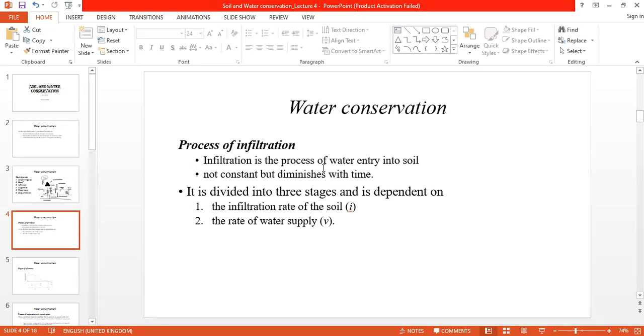So the three stages of infiltration will be dependent on two things. First of all, it will be a function of the infiltration rate of the soil. So it will be dependent on the soil and on the supply of water, or the rate of water supply.